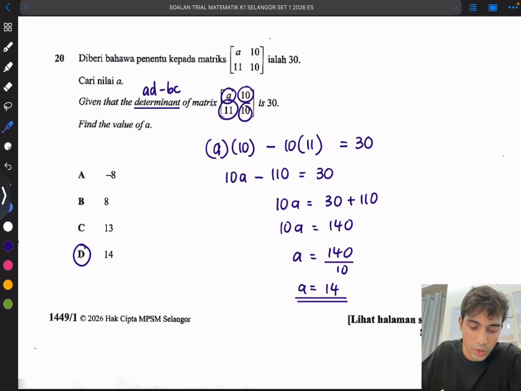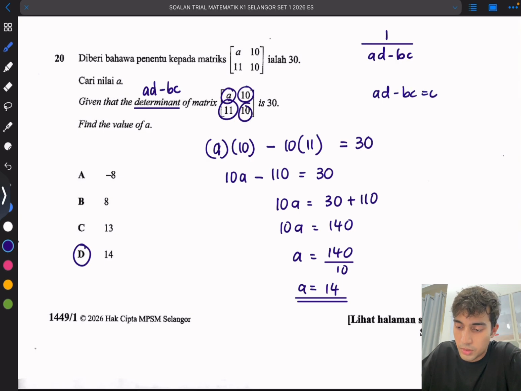So this question you cannot answer if you don't know what the determinant is. Determinant is AD minus BC. Usually they will ask you about inverse matrix. When is an inverse matrix non-existent? Inverse matrix is non-existent when AD minus BC equals 0.